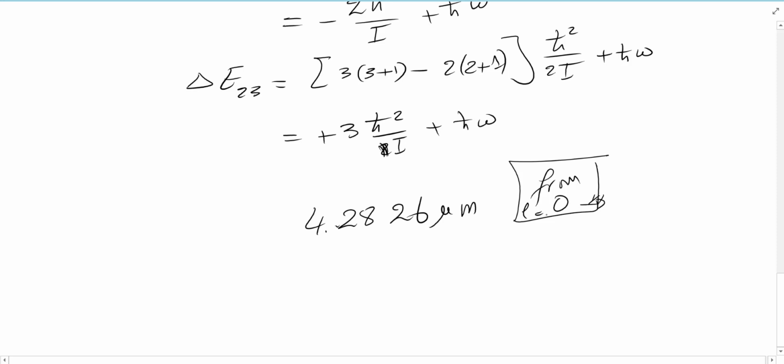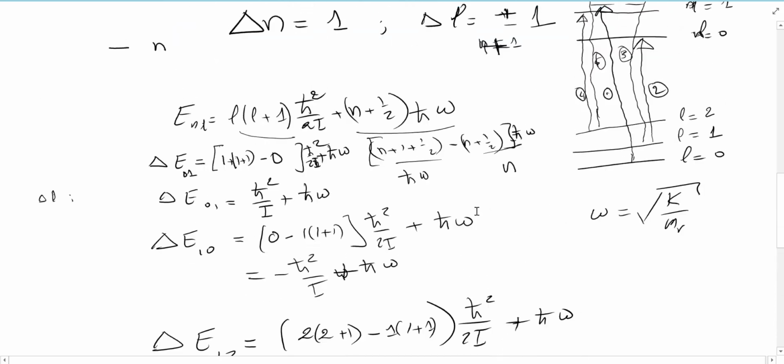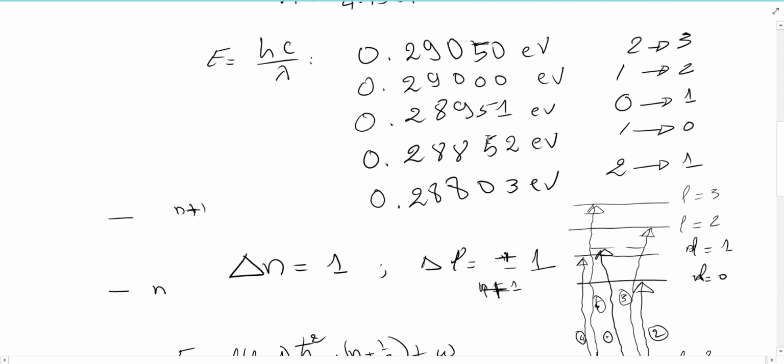That's the symmetrical state. Okay. So we're doing part C, which one of the absorbed energies, that was B by the way, corresponds to a transition to an L equals 0. To an L equals 0 is the one immediately below it in terms of energy.